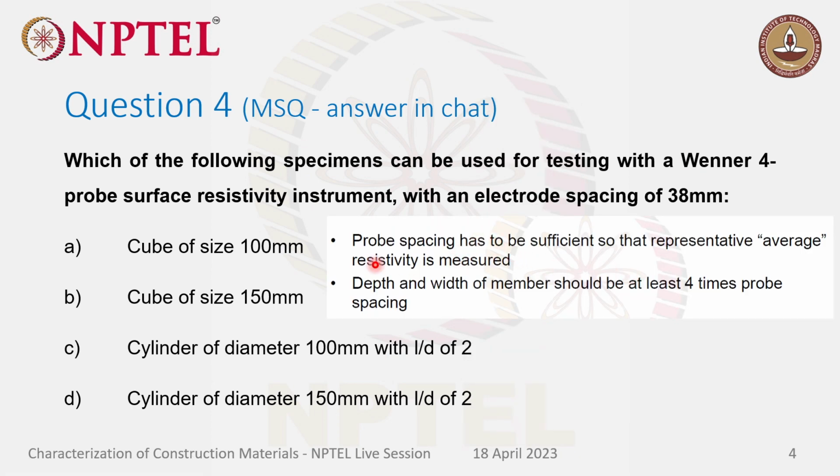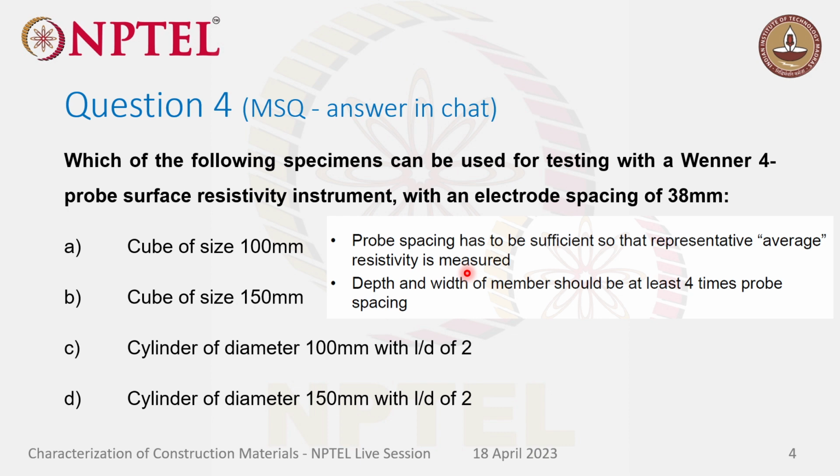Here, probe spacing has to be sufficient so that a representative average resistivity is measured. They have said that there should be sufficient spacing between the probes, and the depth and width of the member should be at least 4 times the probe spacing. You can't just put them very close. There are 4 probes, right?